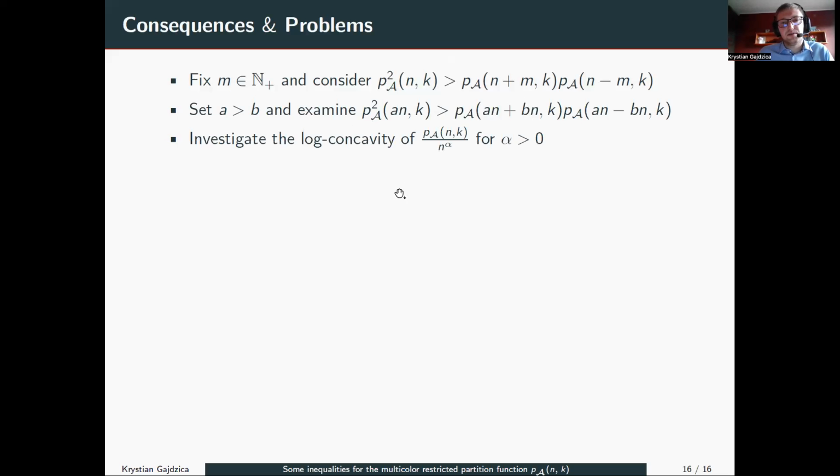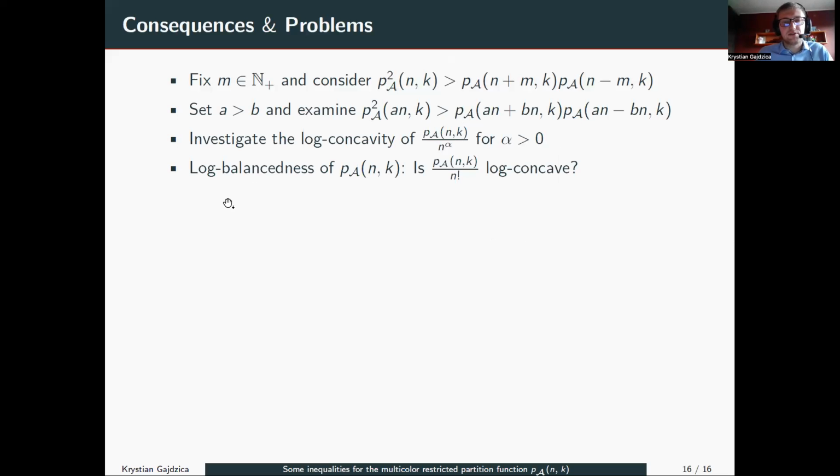We can also investigate the log concavity of the following sequence. As far as I know, it holds with this approach. This is log concave for all alpha greater or equal than 1. And I strongly believe that it can also be shown that it is log concave for alpha strictly larger than 0, also with the assumption that every k-2 multi-subset is coprime.